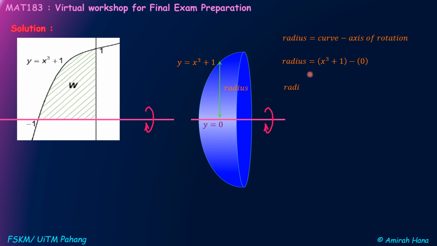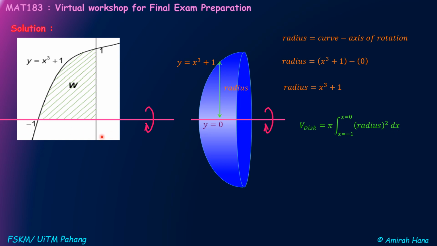And then we simplify, so we have radius equals to x cubed plus 1. So this is our radius. Right? Then we can set up formula volume by disc. Volume by disc equals to pi, and then we integrate from -1 to 0, and then radius squared dx.